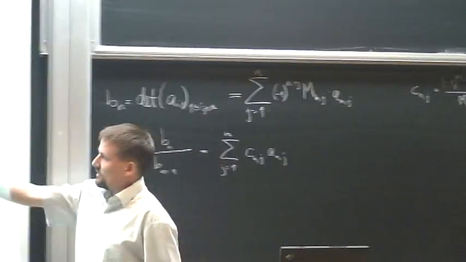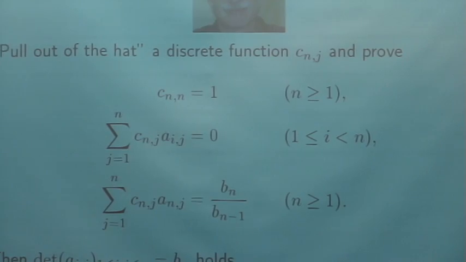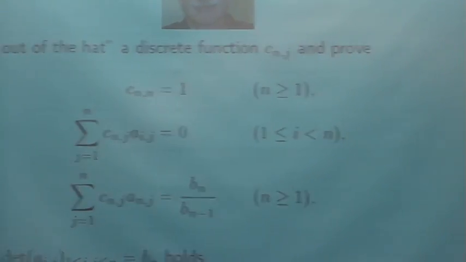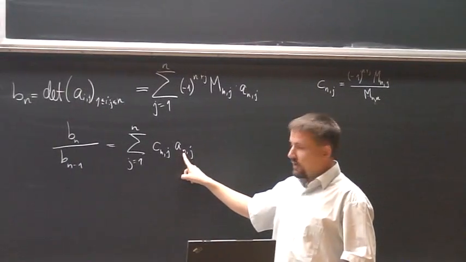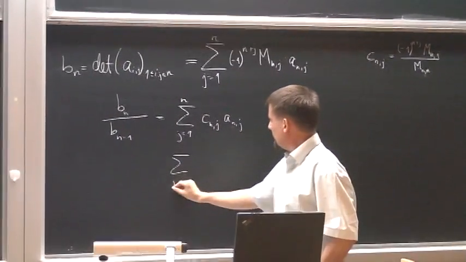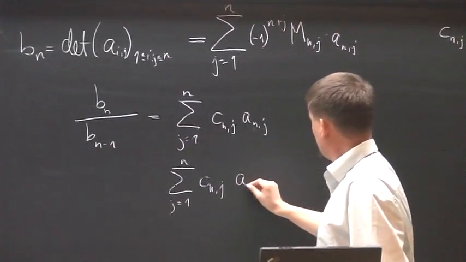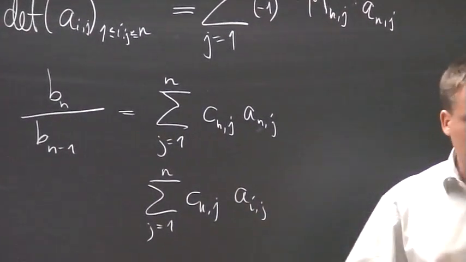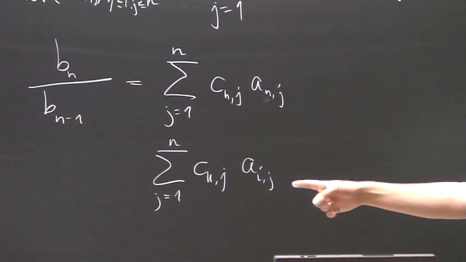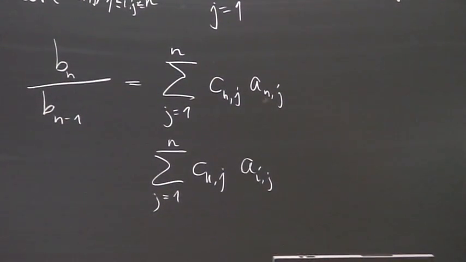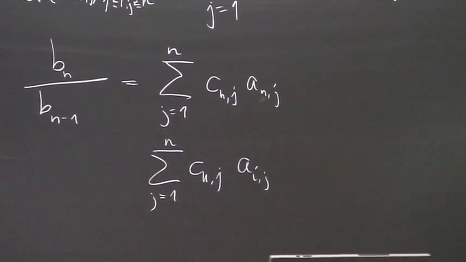Now, what does this identity mean? Look here, the only difference is that we replace n by i. So what do we do? We are now computing the determinant of the matrix where we replace the last row by the ith row.